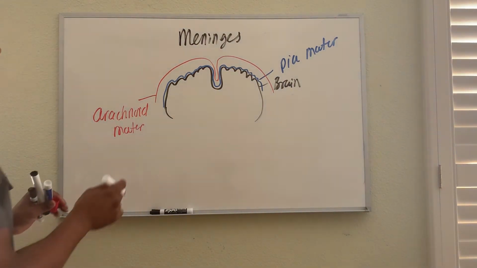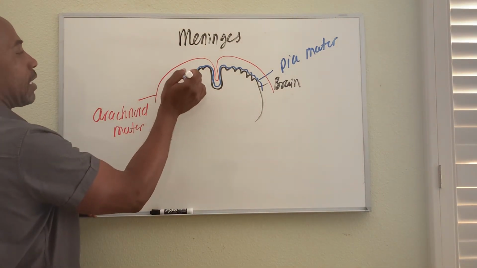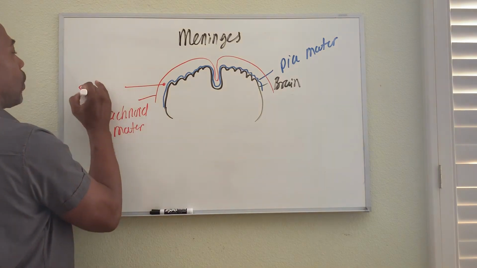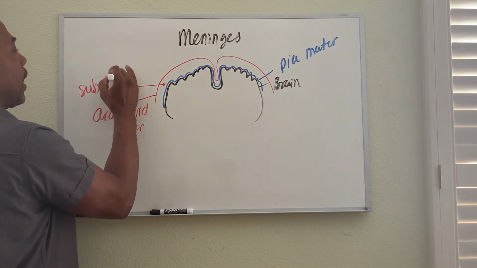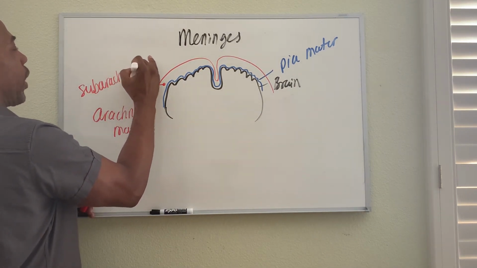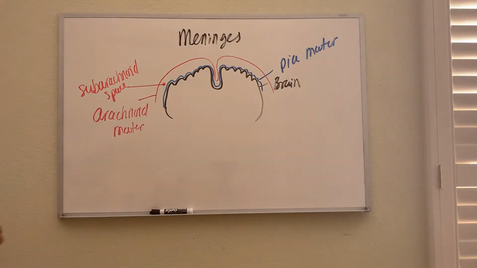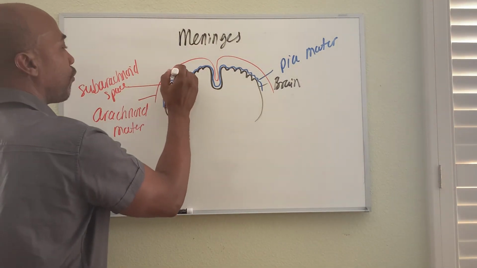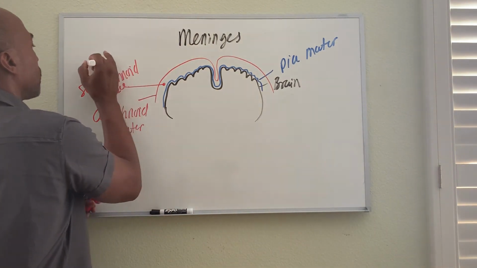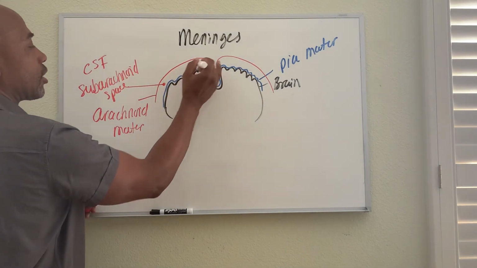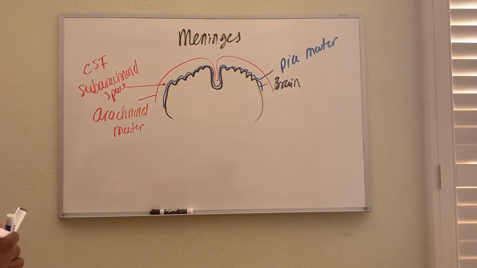And in between the arachnoid mater and the pia mater, this space is called your subarachnoid space. In this space flows a fluid called CSF, your cerebrospinal fluid, which hangs out in this subarachnoid space there.